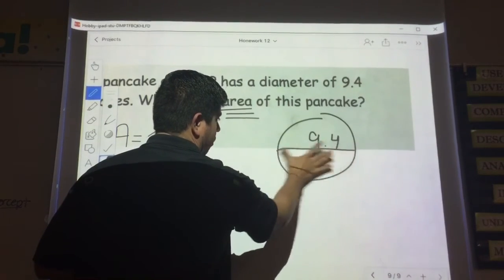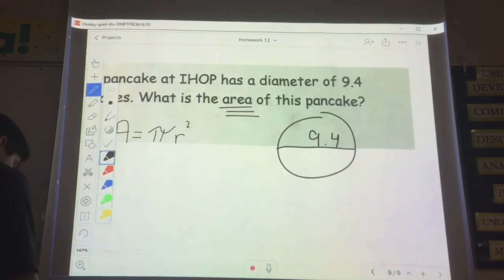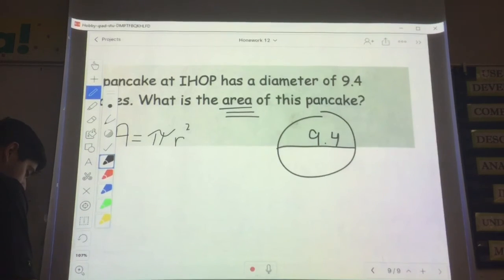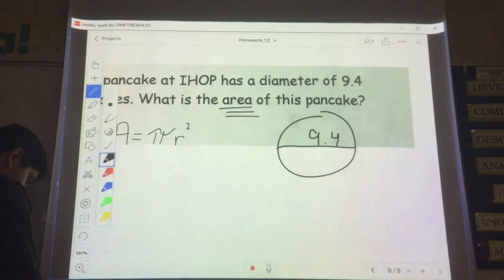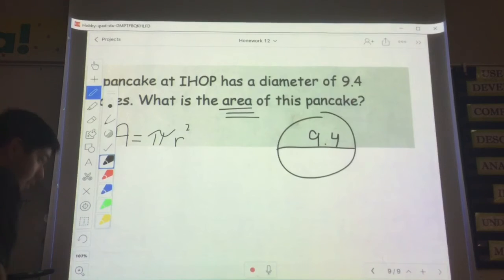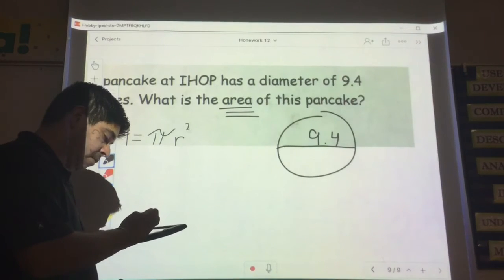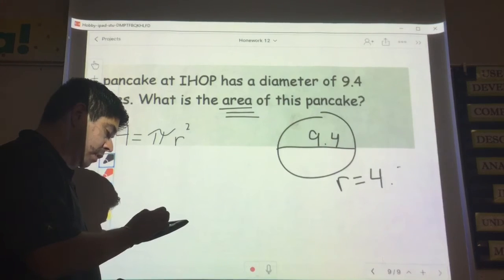Not the whole thing, just this much. So 9.4 divided by 2, we get 4.7. So my radius is 4.7.